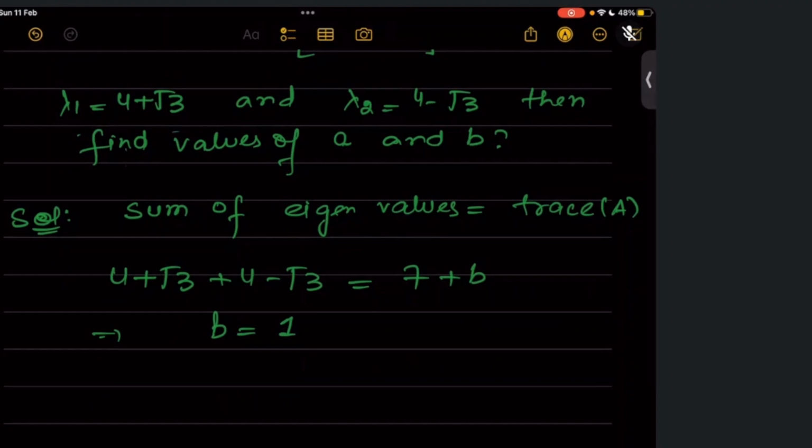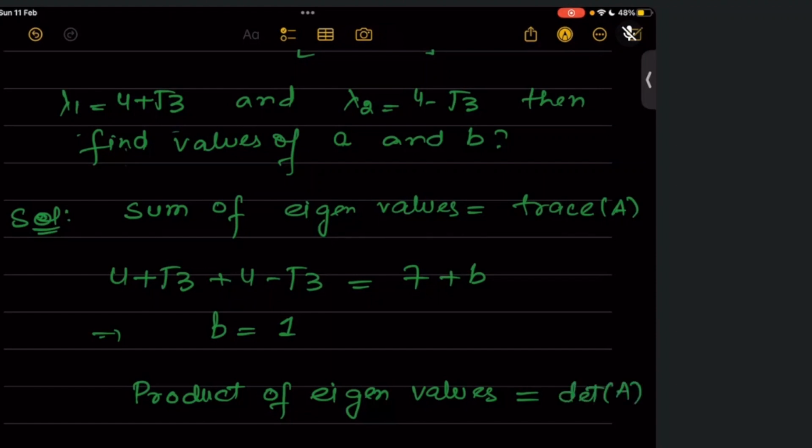The next property is about the product of eigenvalues. What is the product of eigenvalues equal to? Anyone? The determinant of the matrix.